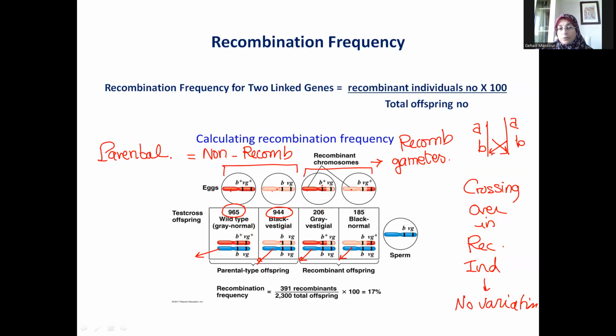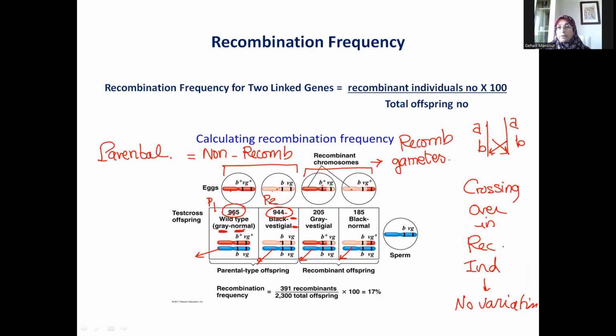So, for example, here we are supposed to have 2 different parental genotypes. This is parent 1 and this is parent 2, but they are not exactly the same number, but they're close to each other. One of the parents was definitely having a gray body and a normal length of the wings. The other one was purely recessive and has a black body and vestigial wings.